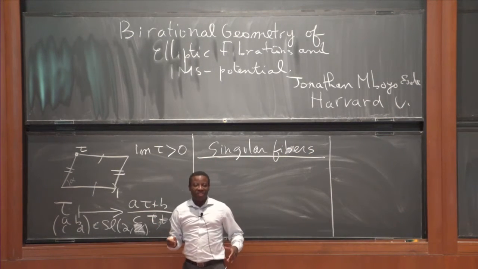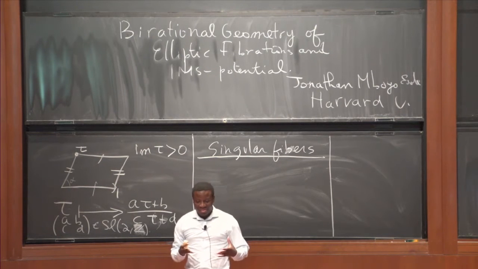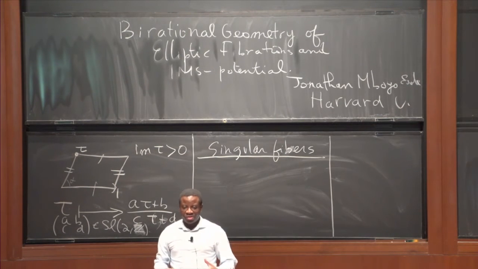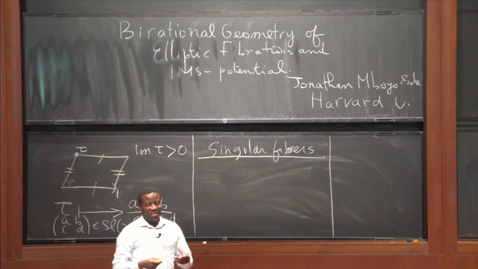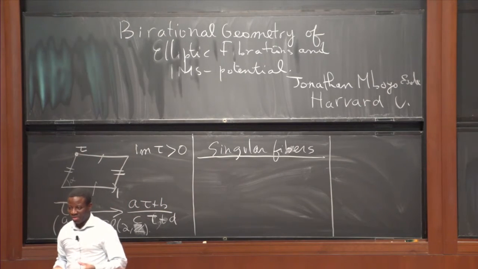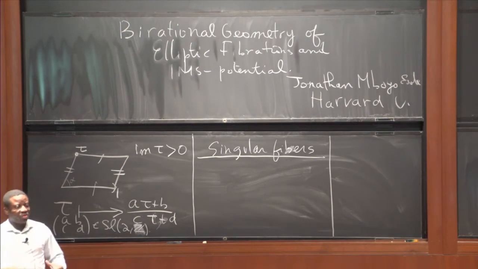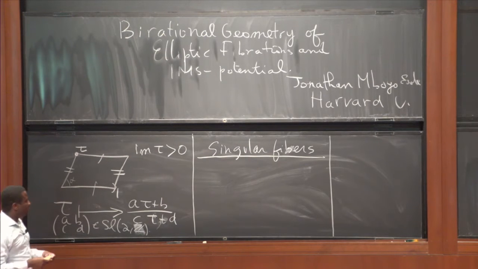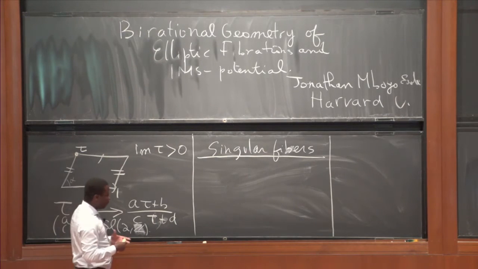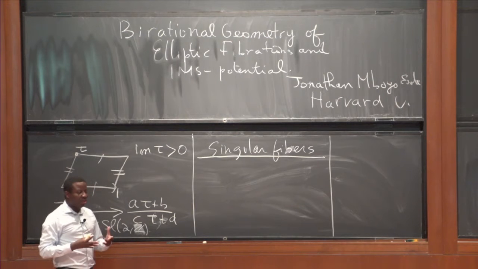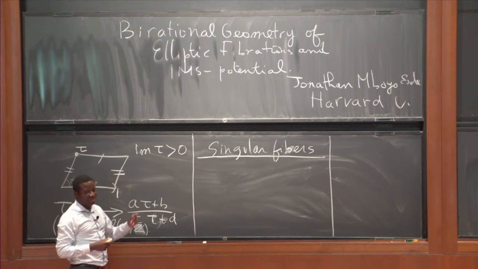Asking what a singular fiber of an elliptic fibration is, is an extremely interesting question in algebraic geometry, because it brings you to discover aspects of the properties of a variety that are usually not so easy to see, but in this case they're very visual.